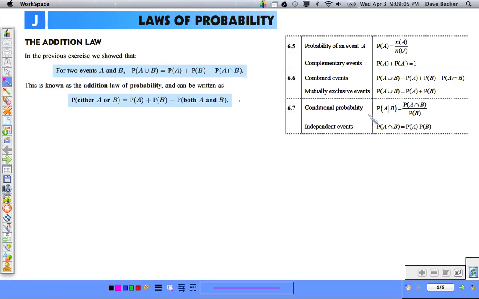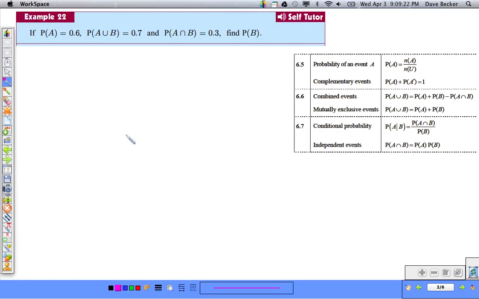And the probability of A intersect B is given right here, probability of A times probability of B. Now, this is just maybe an easier way to understand it, but all we really need is this formula right here.